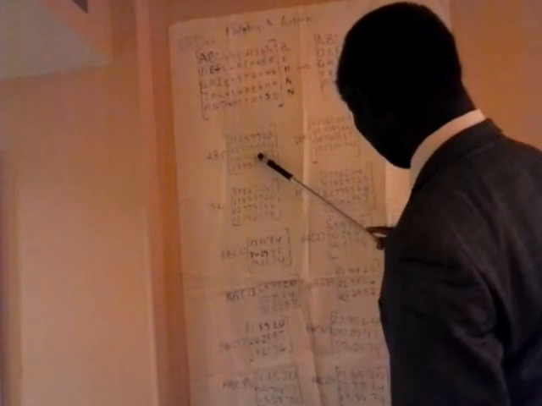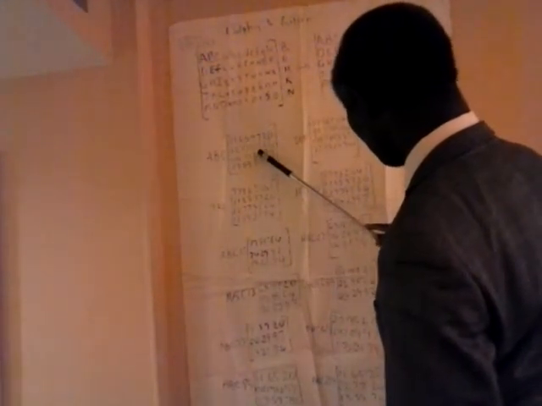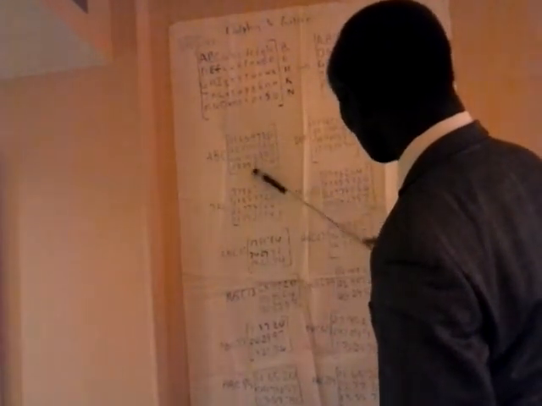ABC 29, this is 29, so we come across, it's left 11, 22, 13, and so on and so on.